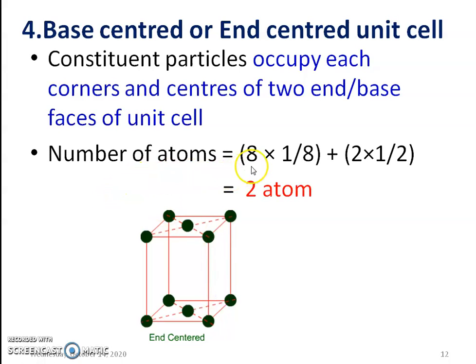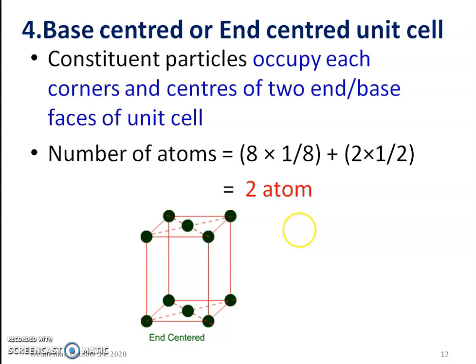For the total number of atoms, there are 8 corners and the contribution of a corner atom is 1/8. So 8 into 1/8 is 1, plus 2 into half. There are 2 end faces, at the center of which there are atoms, and the contribution of a face atom is half. So 2 into half is 1. 1 plus 1 is equal to 2. So in an end centered unit cell there are 2 atoms.